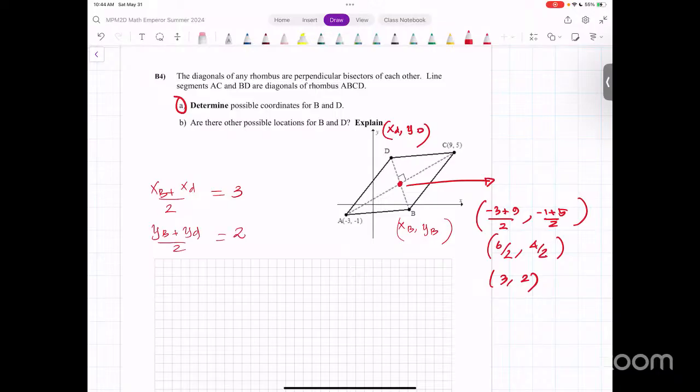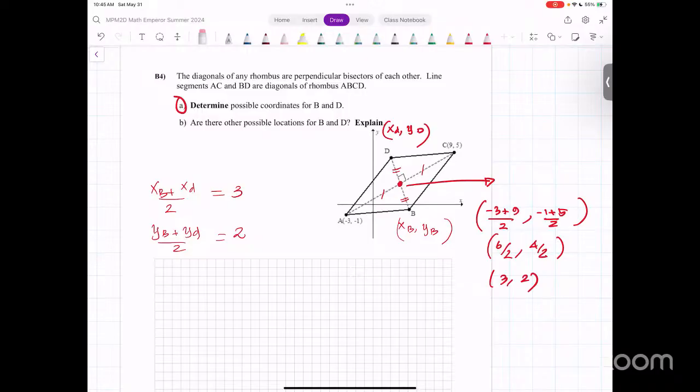Because they say bisect each other, it means both BD and AC have the same midpoint. So the question for us is, what two possible numbers add up together? Two positive numbers, because the x coordinate is going to be positive, to get my average to be 3.